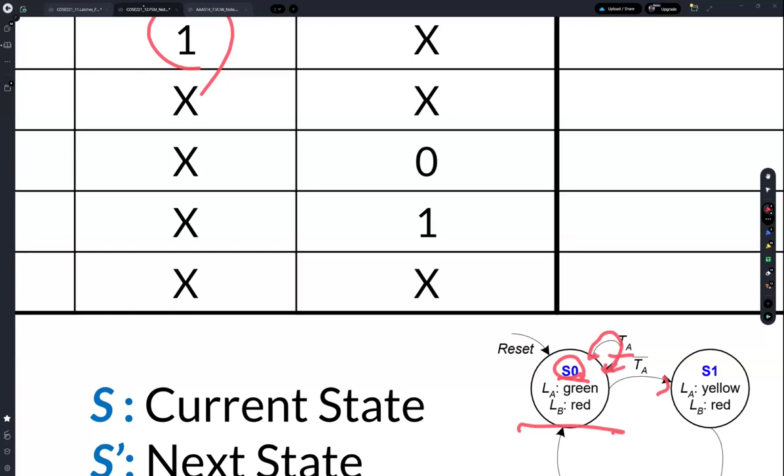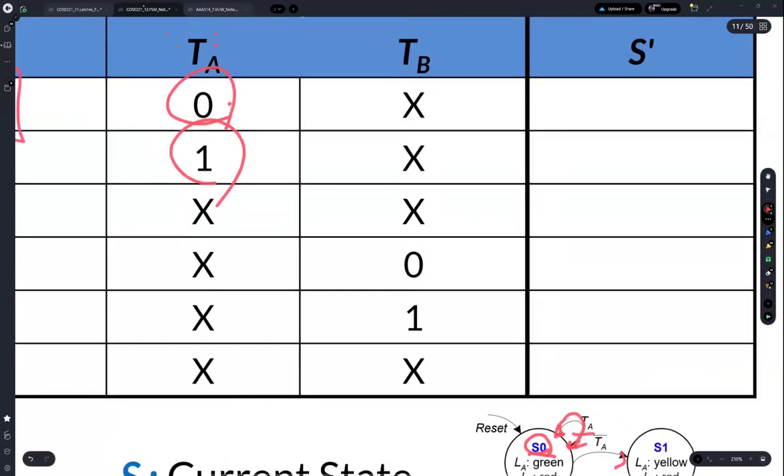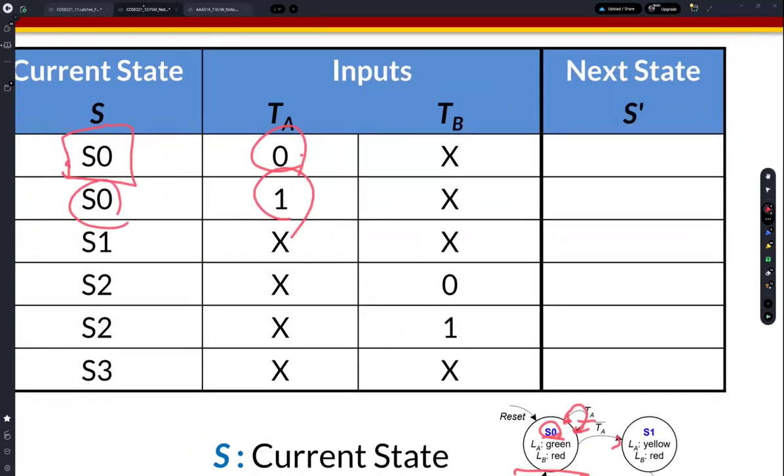It starts from S0 and then it also returns to S0, right? So if the state is S0 and TA is 1, then the next state is S0, right? And then if TA is 0, then it represents this arc. So this is S1, right?